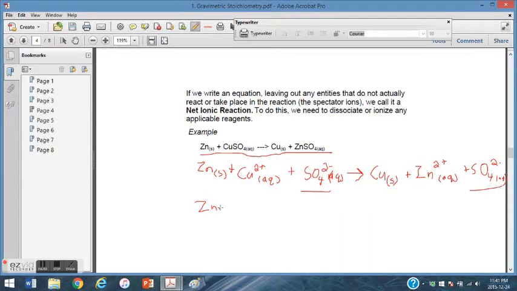Okay, I have zinc solid plus Cu2+. So this is not showing everything that is present. It's only showing the stuff that's changing. I have zinc solid and I have Cu2+. That's changing to copper solid and Zn2+.